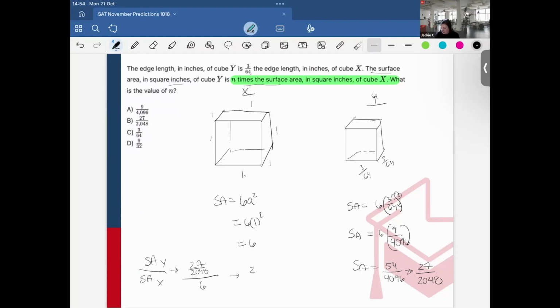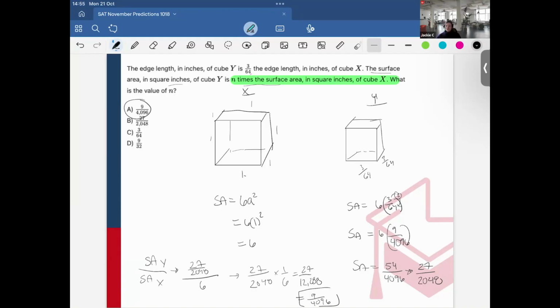So that would be the same as multiplying by 1/6. And then this would be 27 over 12,288. And then dividing everything by 3, it simplifies to 9 over 4,096, which looks exactly like correct answer choice A.